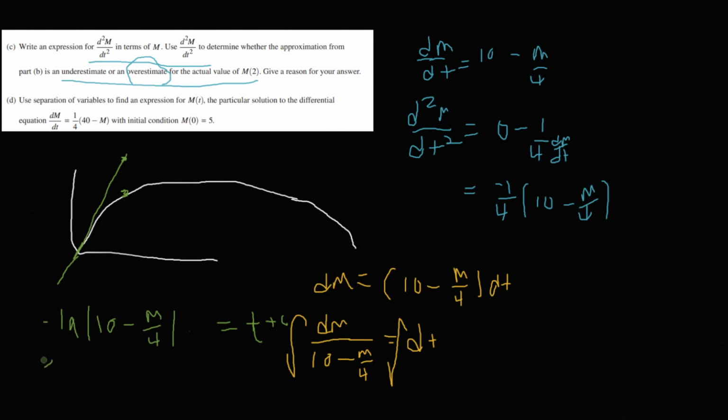Then I can exponentiate this, and we're going to do the negative exponential. So we're going to exponentiate and multiply by a negative. So we have negative t plus c. And so this is going to leave us with 10 minus m over 4.